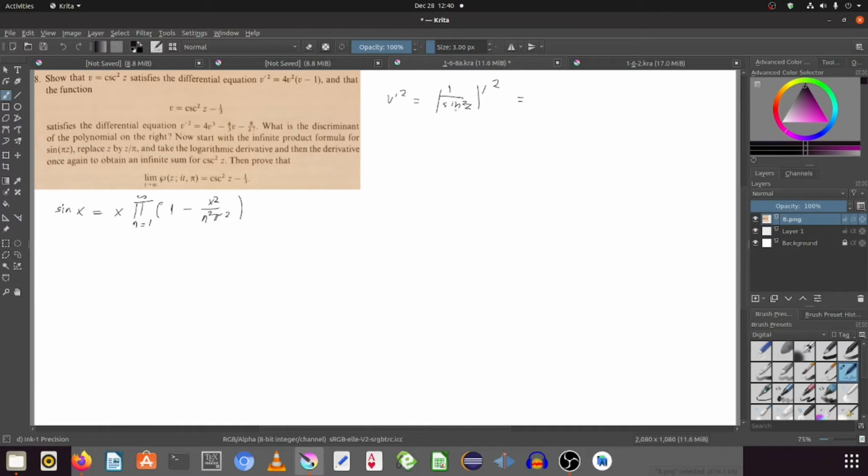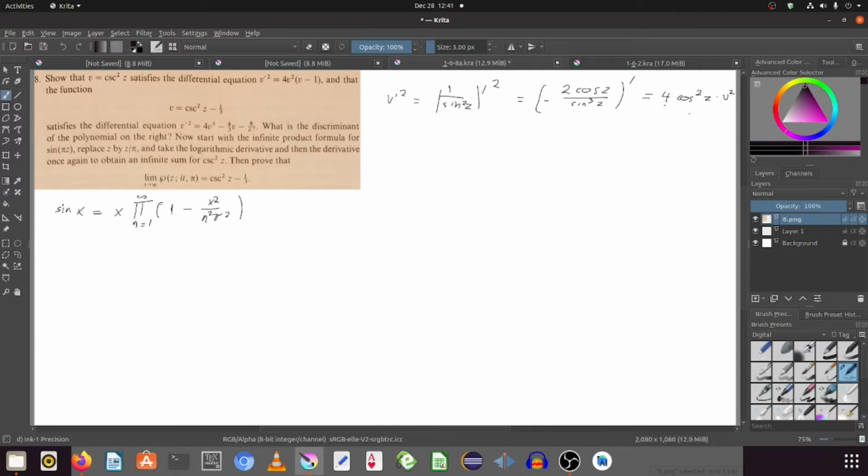So it's -2 cosine z divided by sine to the third, squared, times v squared.